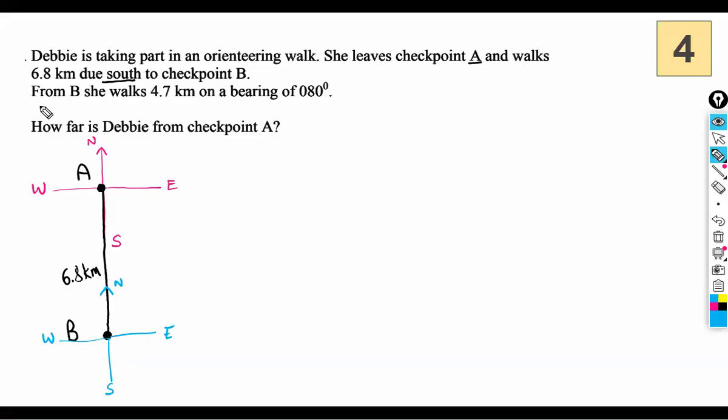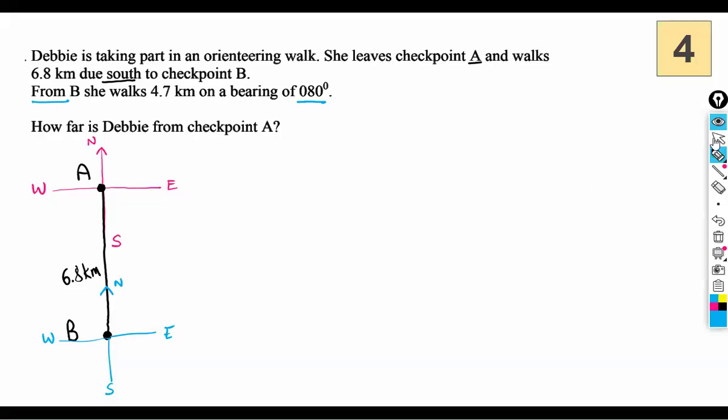And from point B, and they use the word from, so we know we're standing at point B for sure, and walks on a bearing of 80 degrees. Do we all agree that if you're standing at B, 80 degrees would be in between north and east? Because we know north is 0 and east is 90. So 80 has to be in between north and east.